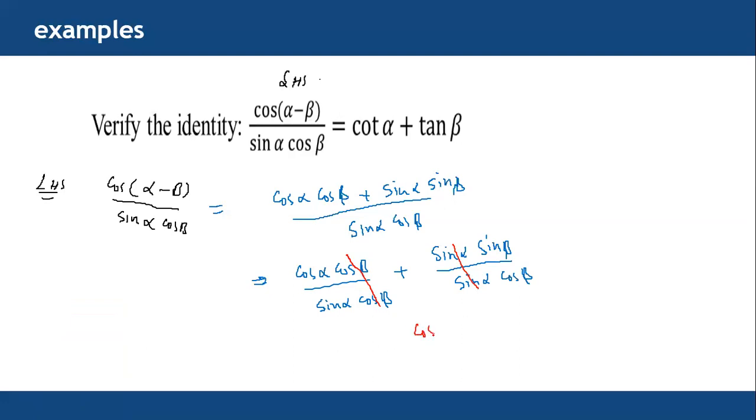So we are left with cosine alpha divided by sine alpha, plus sine beta divided by cosine beta. Cosine over sine for alpha is cotangent alpha, plus sine beta divided by cosine beta gives tangent beta.